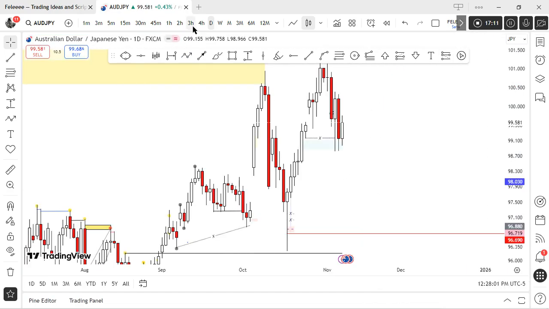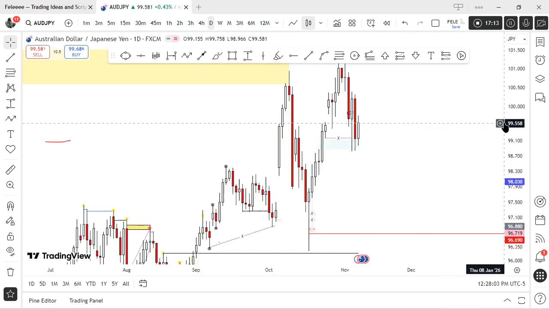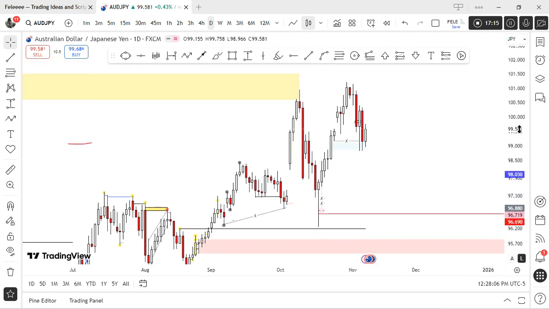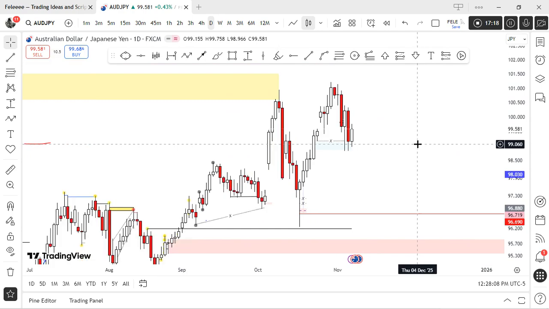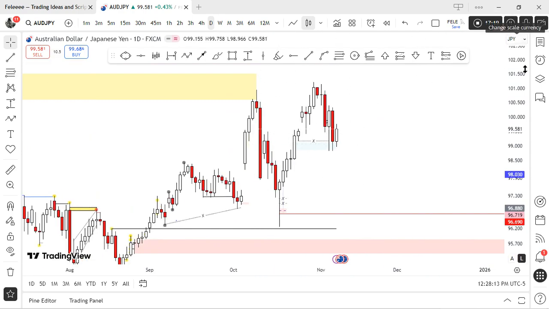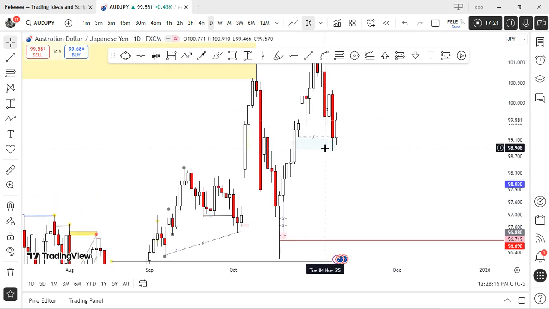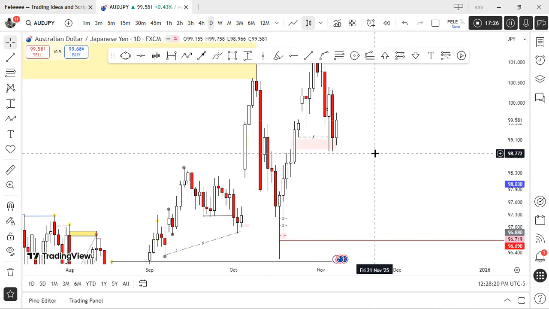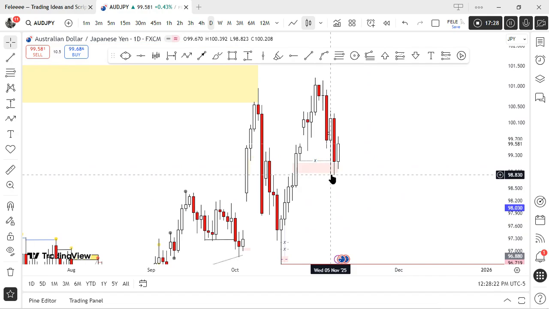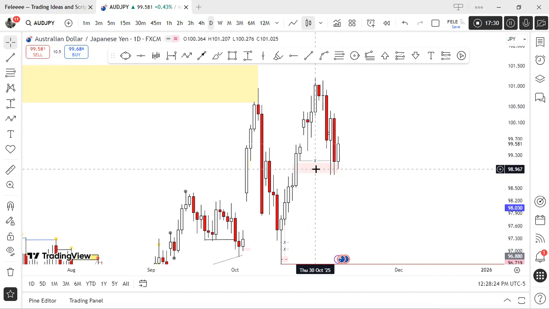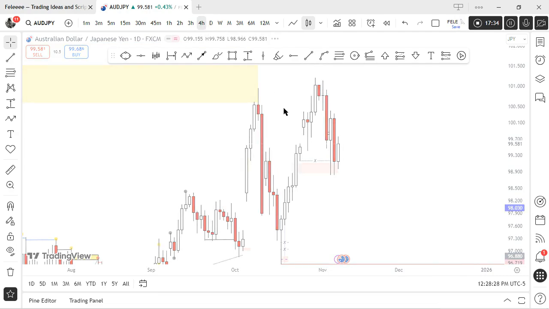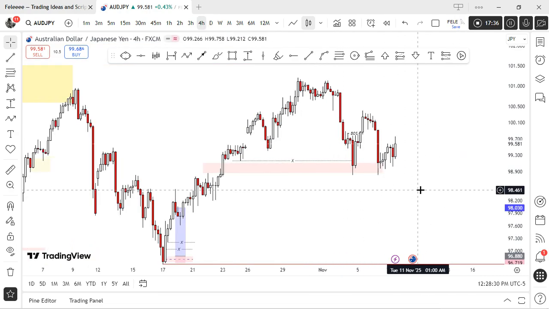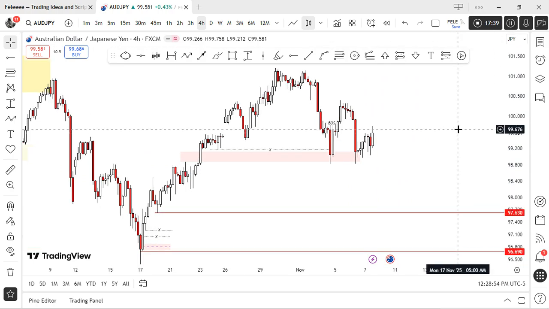Yes, this is AUDJPY. AUDJPY has been in bullish momentum since then, and currently price is testing the FVG, the imbalance zone, and we've seen that price didn't manage to close below it, so it's currently respecting this imbalance. So once we go into the four hour, this is my view.